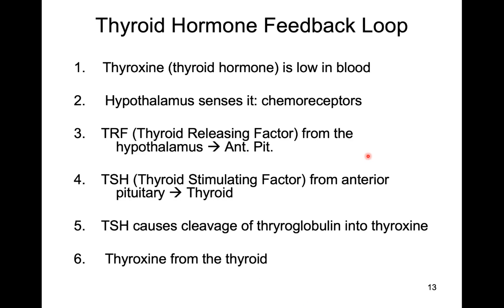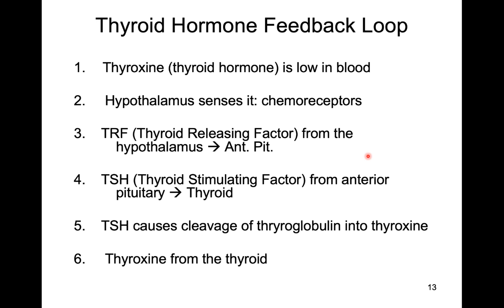Now, before we get into the functions of those hormones, I want to go over the feedback loop for how you activate or suppress production of, let's say, thyroid hormone. This works with the humoral mechanism, sensing how much hormone you have in your blood and producing more if needed.